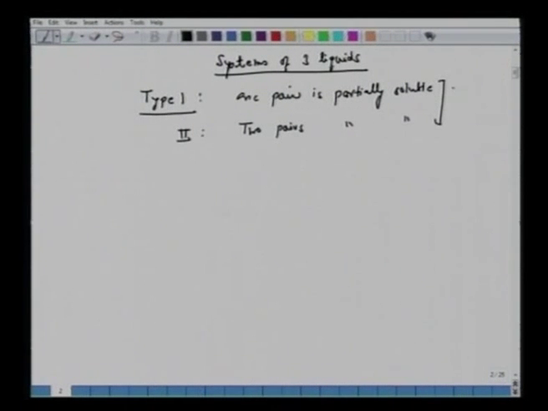Of course, the first one is most common, so most of the examples we will take in this course will be related to type 1. So let's try to understand, we have 3 components or 3 liquids, A plus B plus C. Let's say we have water, chloroform, and acetone.